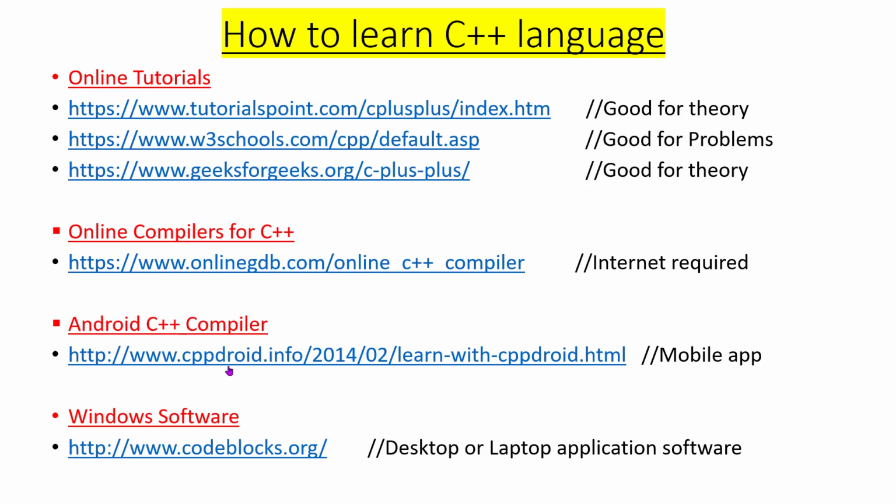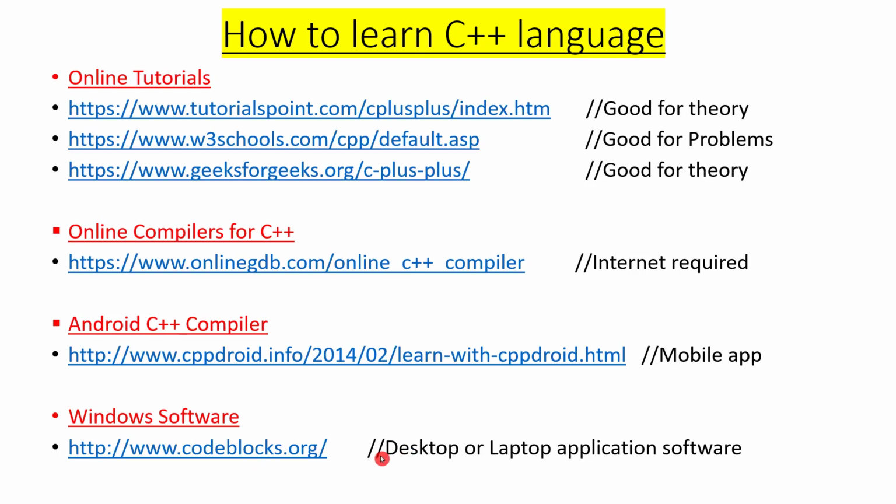And there are some mobile options, like on Android, cppdroid. You can download it from the Google Play Store, and it works as a compiler. Once you copy paste the program into this compiler, or type the program directly and execute, you will get the results. Then you have Windows software, an application that runs on the Windows platform, called Code Blocks.